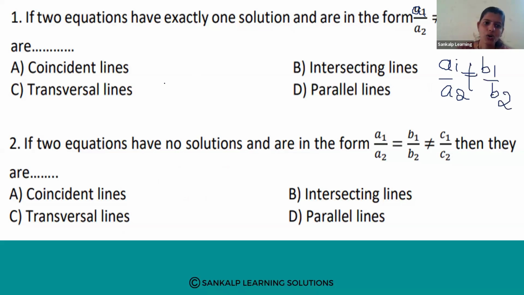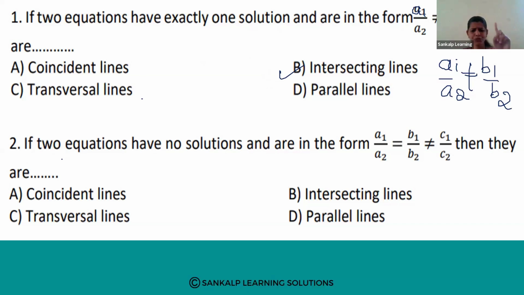Then are they coincident lines, intersecting lines, transversal lines or parallel lines? Which type of lines will you get? Is it coincident, parallel, transversal or intersecting? Yes, the two lines are intersecting, right? So when two lines are intersecting, only then will you get this type of result.